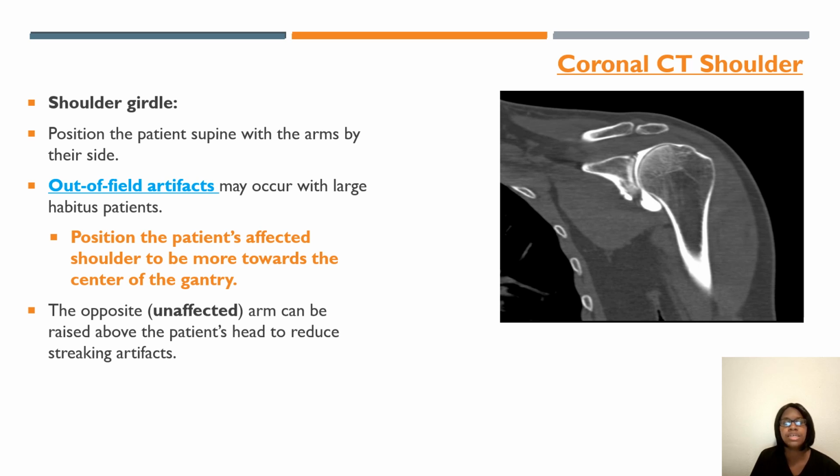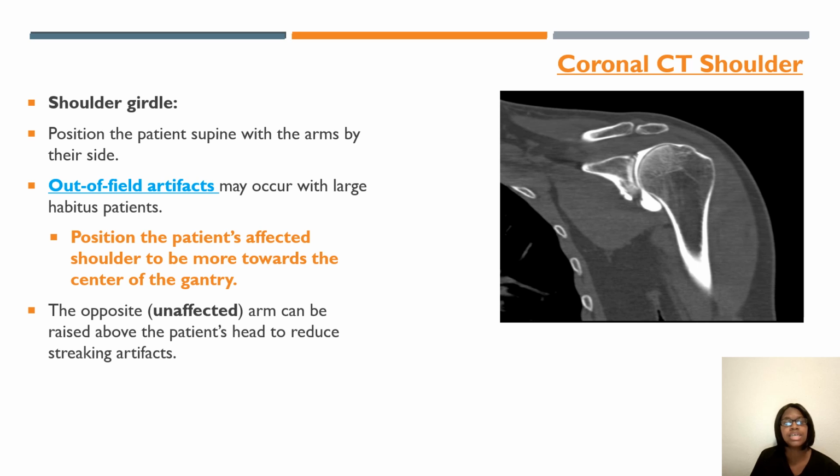You see how the picture is, just how you would do it if you have an X-ray, how much coverage you will have. Just make sure that the patient is going in head first, their arms by their side. Just make sure you have their palms up, or their hands facing upwards. Make sure that the shoulder is in the center of the machine, especially the side you are scanning.